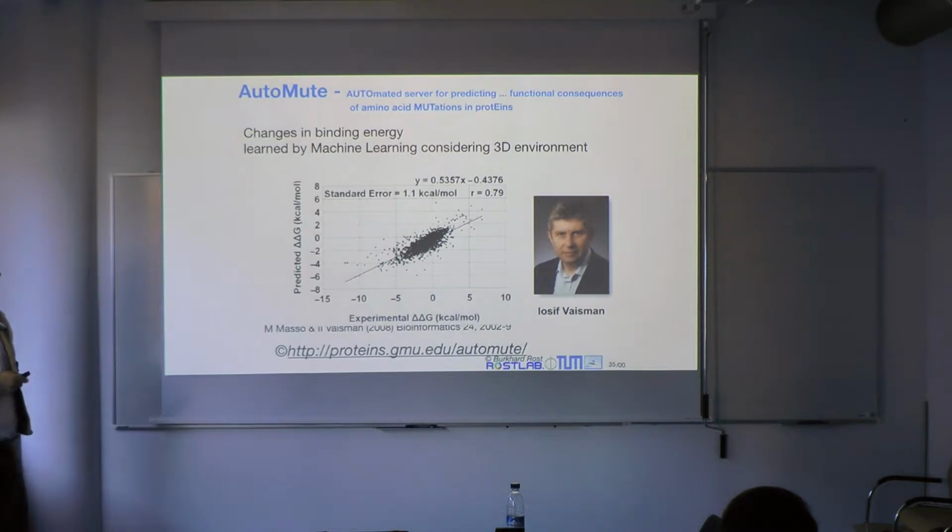Automute, Josef Weissmann, is another way of doing machine learning, considering the 3D environment. So again, now we're talking about a method that will be applicable only once you have a 3-dimensional structure, or a model of the 3-dimensional structure. And then you can, again, use machine learning to define what are the local rearrangements that are compatible with that particular environment, right?